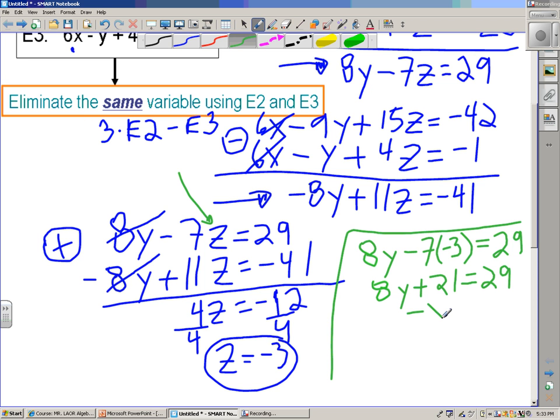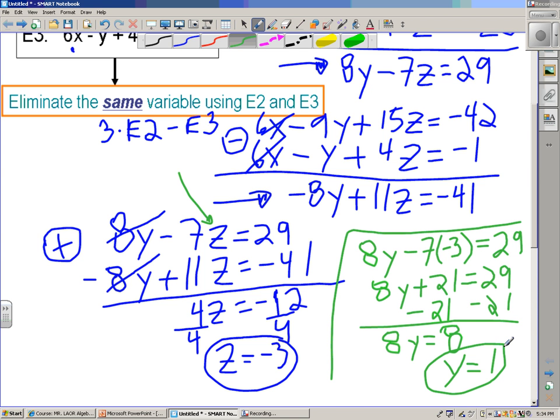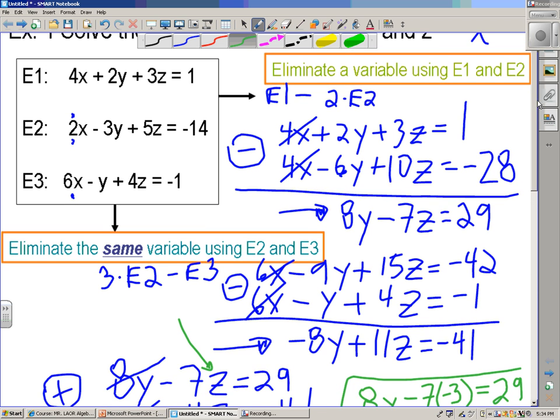Subtract 21 from both sides. So this says 8y is equal to 8, which tells us that y is equal to 1.